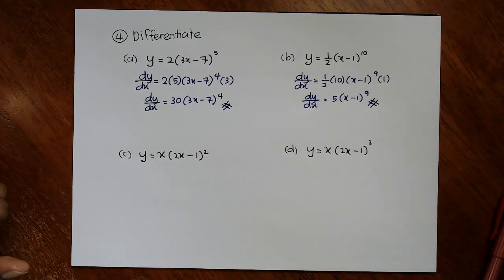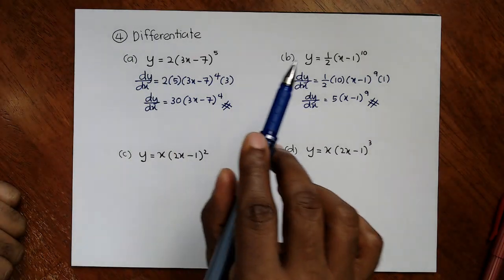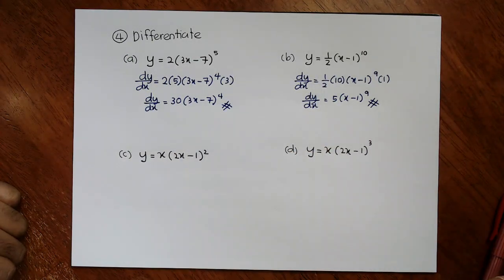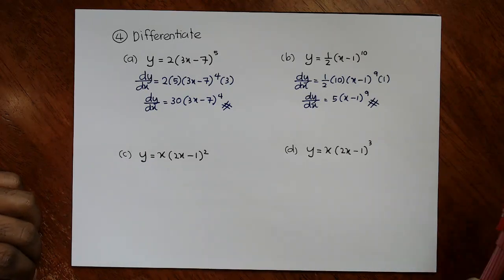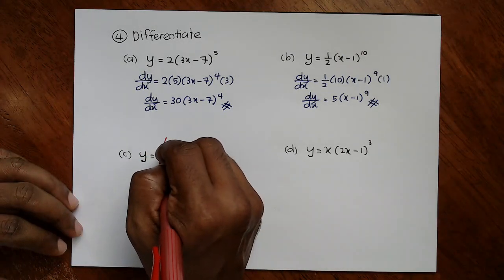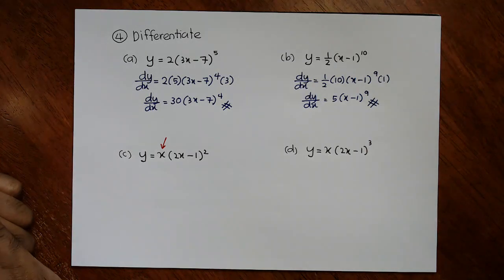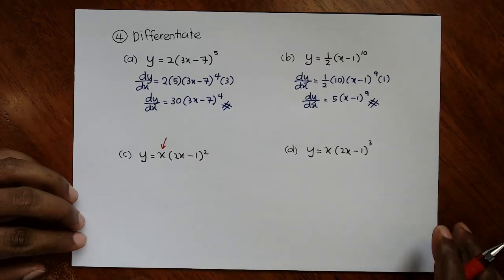Now this is very interesting. We had numbers outside of the bracket just now, so there's no problem with that. But here we have an x outside of the bracket. So can we still use the bracket method? The answer is no, because every x from the equation must be involved in that transformation that we call differentiation.